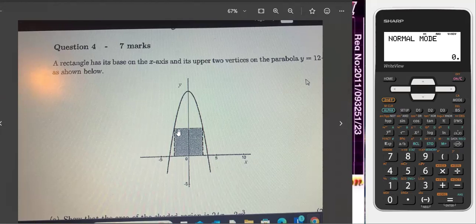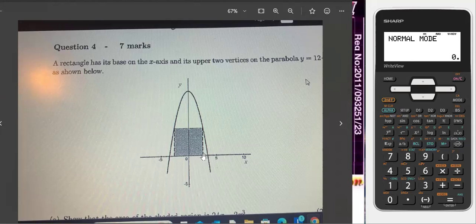Now the coordinate, either left or right, is on top of the parabola. Whatever the x value is, it will be the x value from 0 to that dotted line.